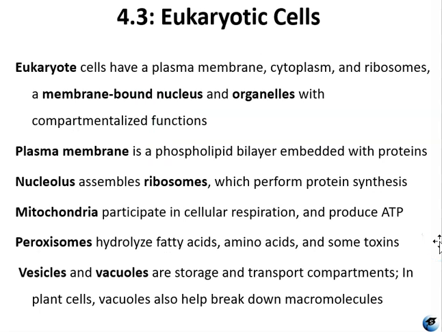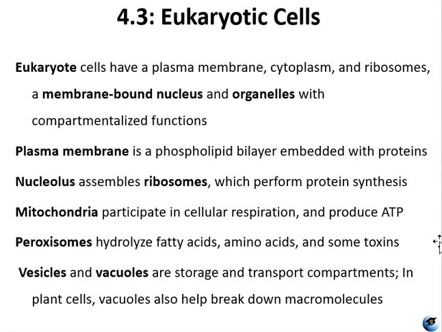Like all cells, eukaryotic cells have a plasma membrane, cytoplasm, and ribosomes. But unlike prokaryotic cells, eukaryotes also have a membrane-bound nucleus and membrane-bound organelles with compartmentalized functions. I will discuss these organelles in great detail in the following slides, but briefly here, you should know that a plasma membrane is a phospholipid bilayer embedded with proteins.